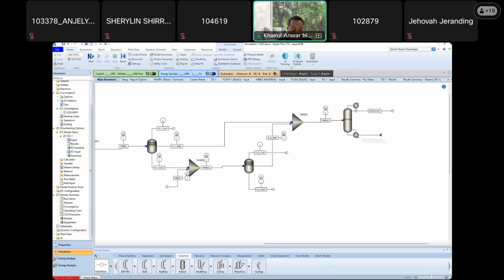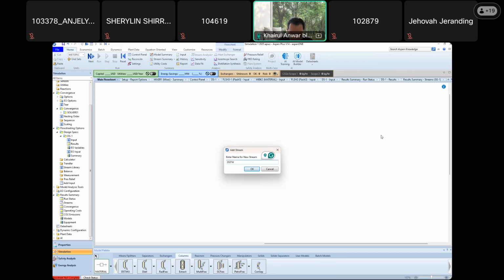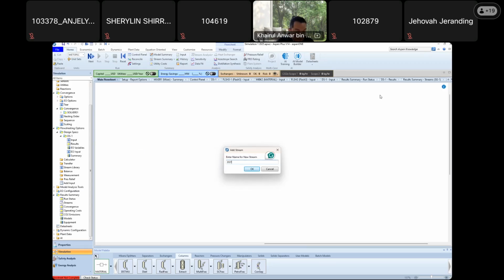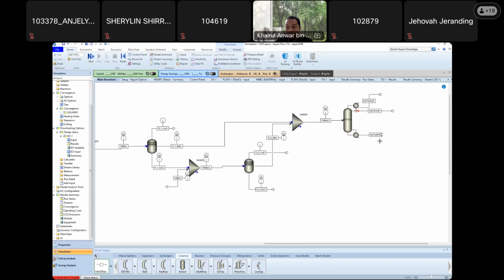This one is DSTW bottom. DSTW H2O. Okay, so make sure the lines are connected. It should be like this now.